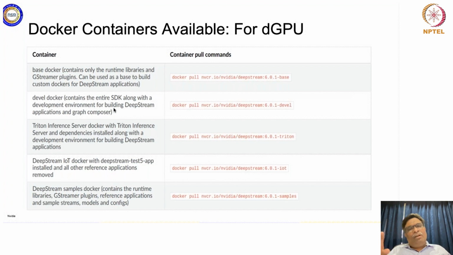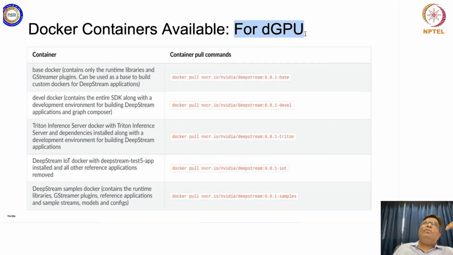The Triton Inference Server Docker gives you an inference server and certain dependencies which are installed for building DeepStream applications. The DeepStream IoT Docker will give you certain specific facilities wherein your DeepStream program could be linked to some IoT based application. And then there are sample Dockers which will give you runtime libraries, samples, and various other things. So this is for discrete GPUs.